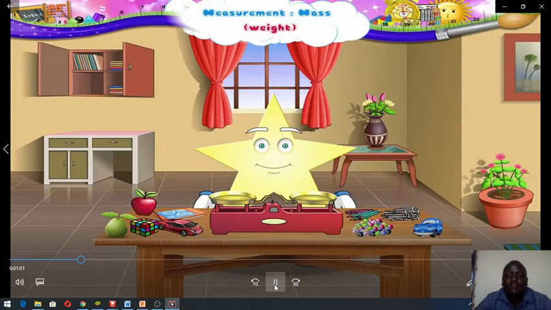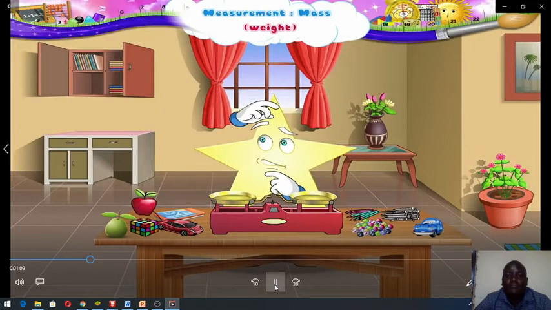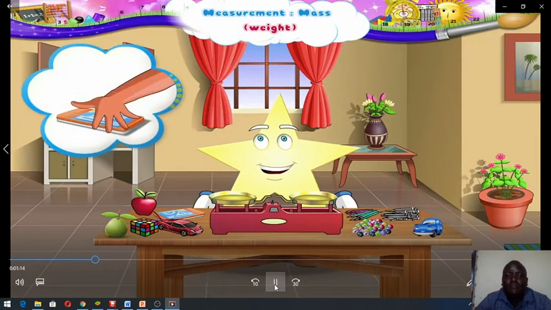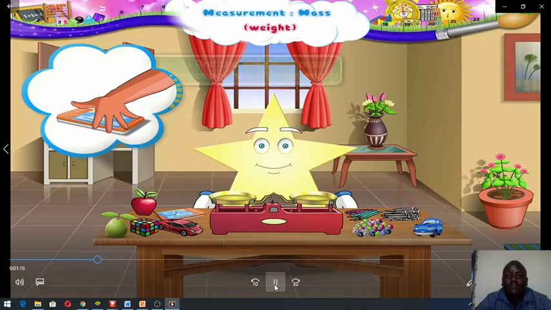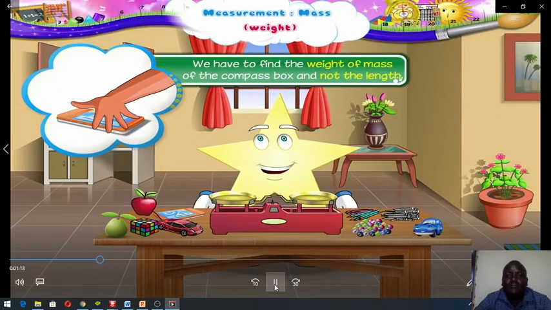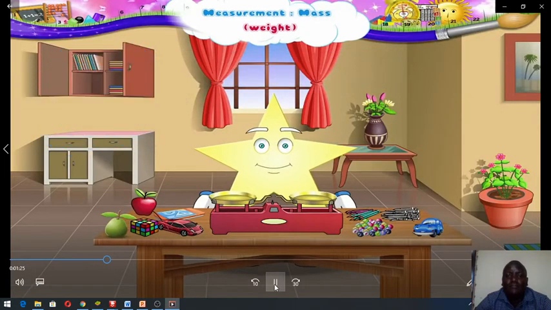Now, Starry, we have to find the weight of this compass box. Which instrument should we use? No, we cannot use the span of the hand. We have to find the weight or mass of the compass box and not the length. I will show you how to find the mass or weight of an object.